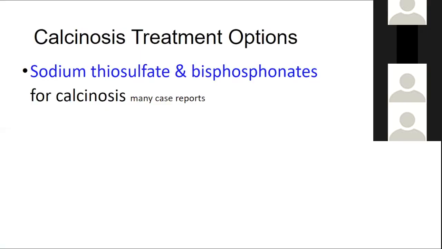Bisphosphonates are medications that were developed for people who have loss of bone densities, so bones that are too weak. So I joke that it's the medication that we give to little old ladies to help make their bones stronger, but it actually does have some effects on reducing calcium deposits in the skin as well.